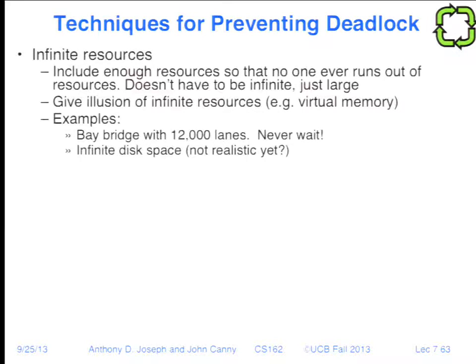All right, so what about some techniques for preventing deadlock? One approach is to somehow present very large numbers of copies of the resources. So for instance, most operating systems give you a huge number of file handles. Any kind of object that's cheap, that consumes a small amount of real resources, is easy to make close to infinite.